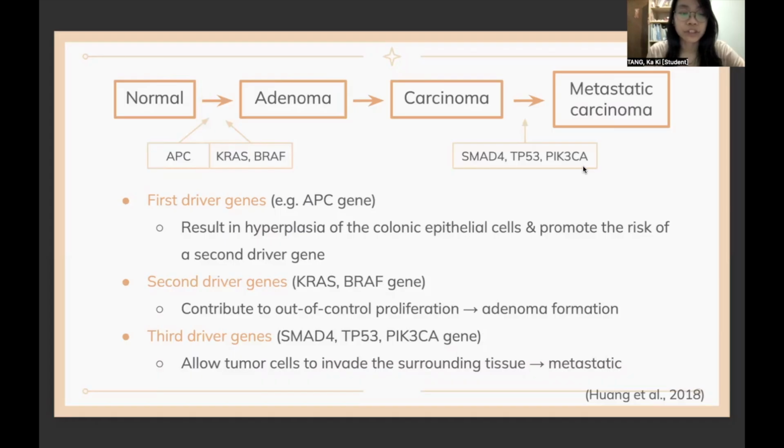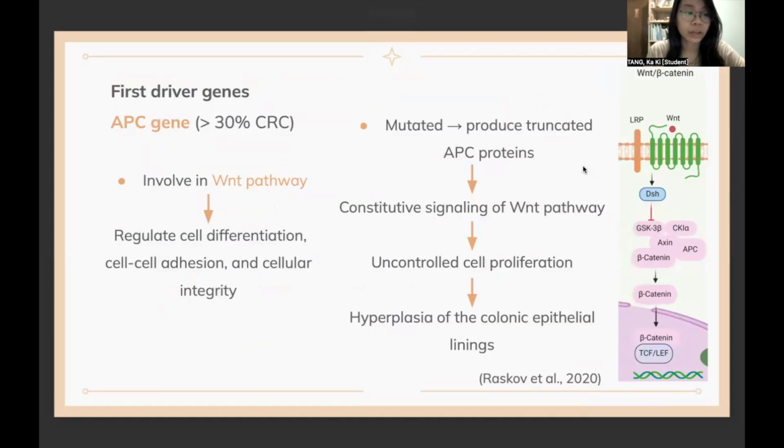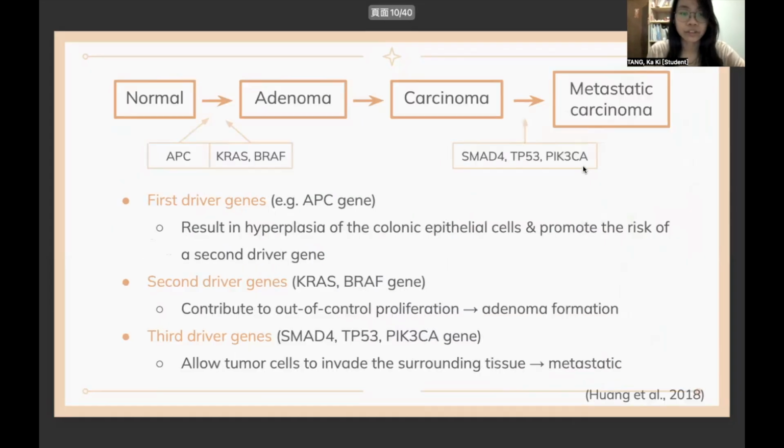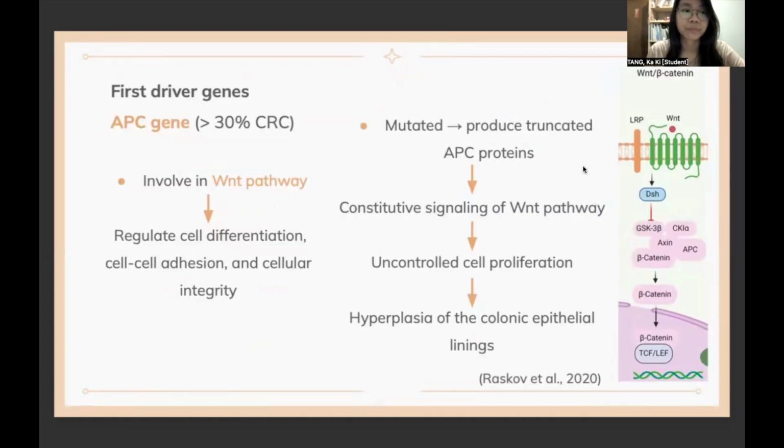The third driver genes, such as SMAD4, TP53, and PIK3CA, when mutated, can allow the tumor cells to invade the surrounding tissue and become metastatic. And I will discuss these driver genes one by one.